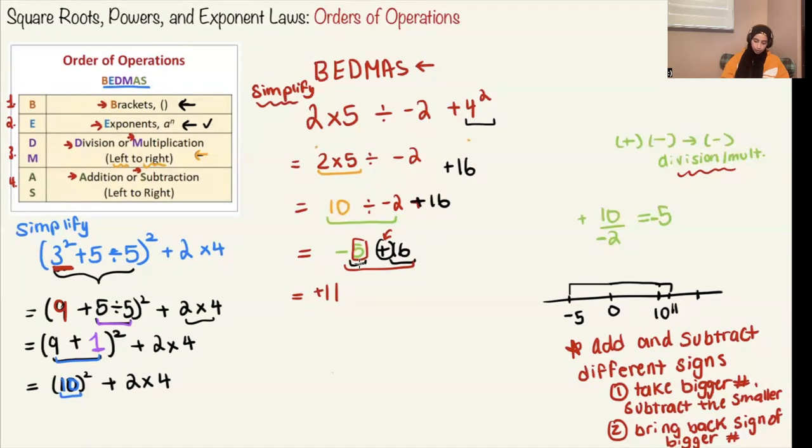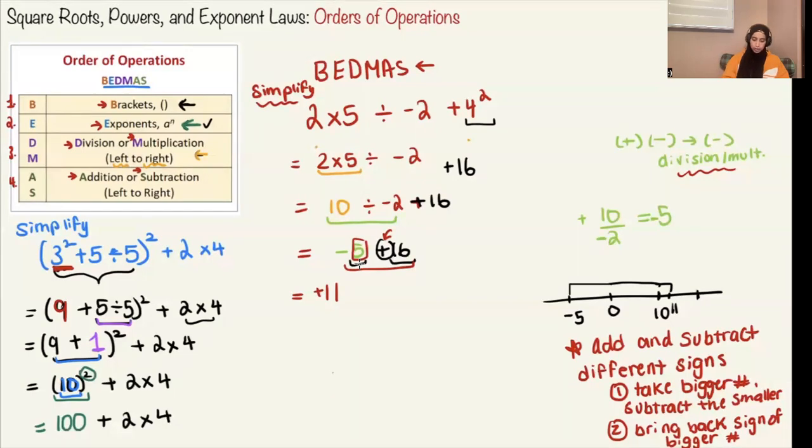Okay. So now that we have the bracket almost simplified, now we got to simplify it fully. So we have to apply the exponent on that bracket, which is our next step. And so that's going to be 10 to the power of 2, which is going to be 100. 10 times 10 is 100, plus 2 times 4. So now we have 100 plus 2 times 4.